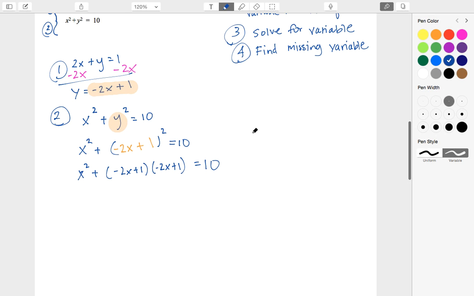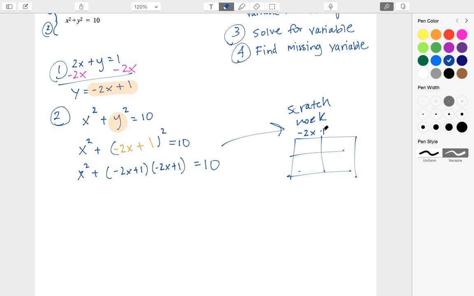And then right here, you can go ahead and do this on the side, some scratch work. And you can do box method here, -2x plus 1 and -2x plus 1. When you do that, you'll get 4x squared minus 2x minus 2x plus 1, and we'll get 4x squared minus 4x plus 1.